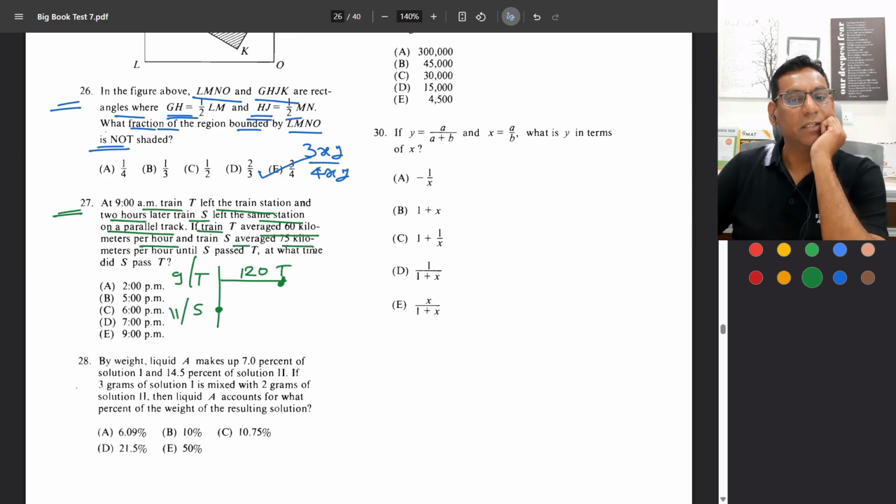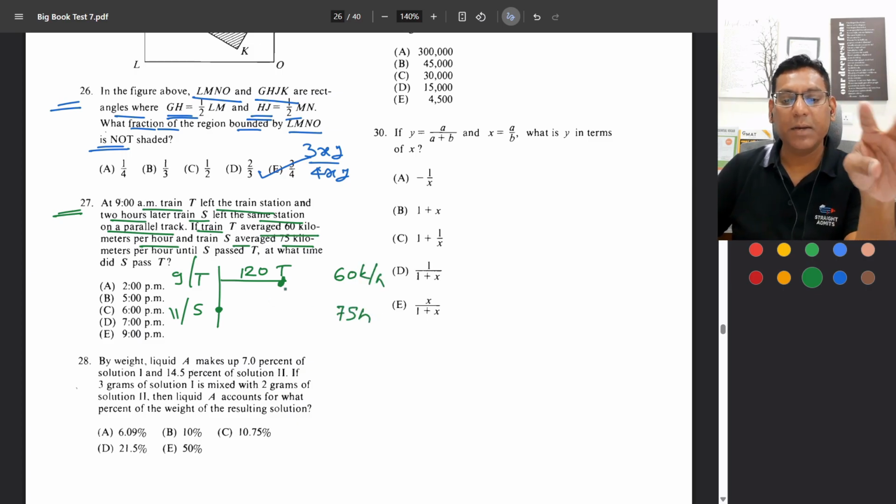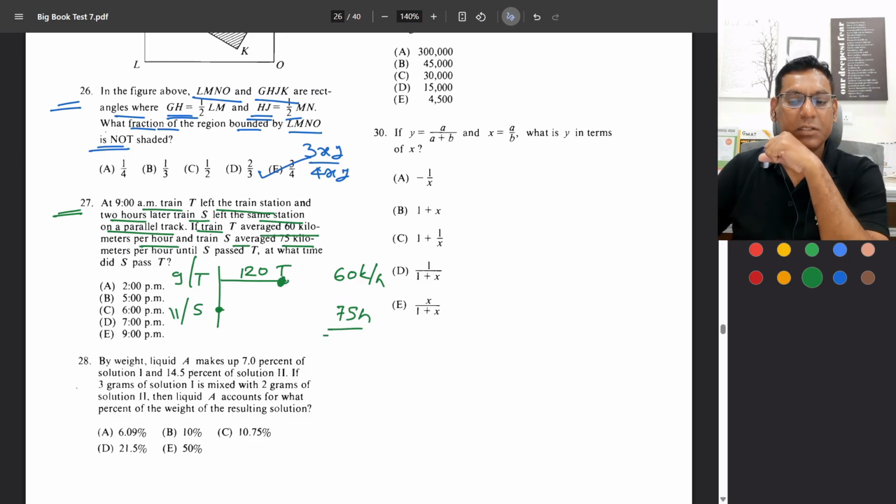And S averages 75 kilometers per hour. So this is traveling at 60 km per hour, this is 75 per hour. So after both of them are running now, although T is ahead, S will end up catching up with it because it is going faster. Average 75 kilometers per hour until S passes T. At what time did S pass T?